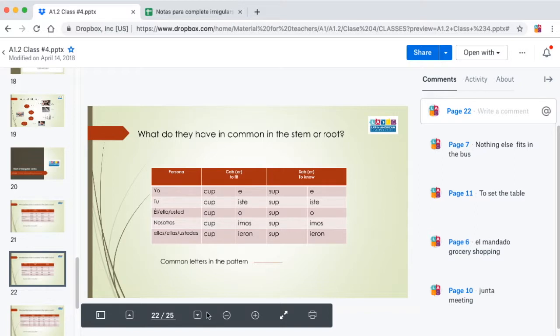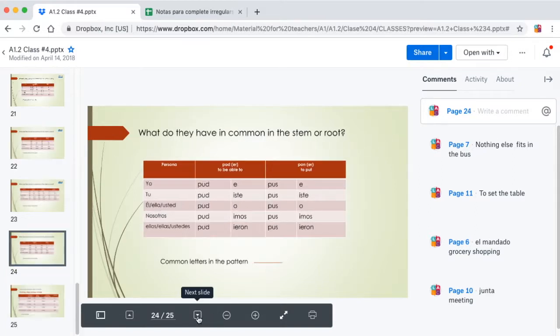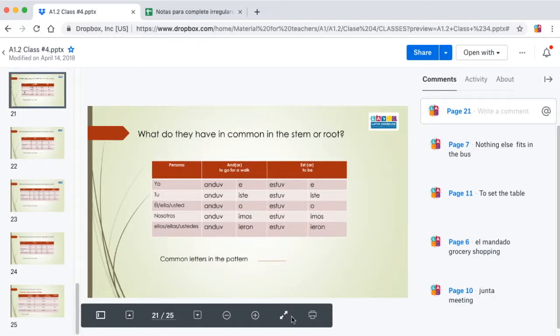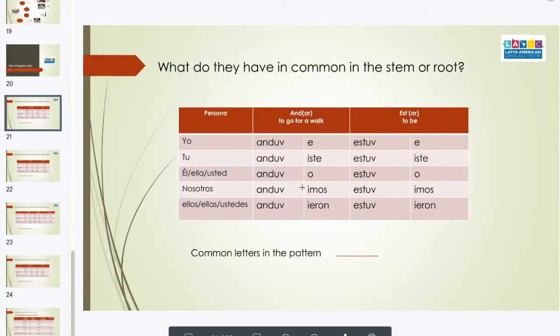And then the other ones also have things in common in the stem. Like I said before, the UV with andar and estar, two important verbs.